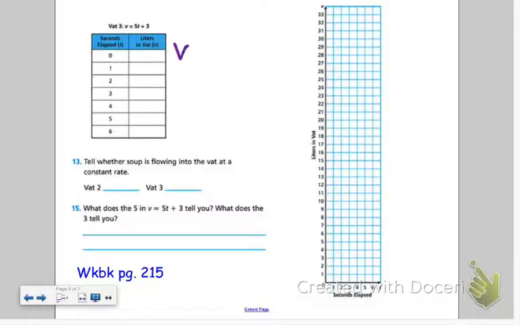Obviously, V equals 5 times the time, which is 0, so 5 times 0 for seconds elapsed, plus 3. Well, 5 times 0 is 0, plus 3, that means if 0 seconds has elapsed, there's 3 liters in the vat? We'll have to think about why that may be. How could there be 3 liters in the vat when 0 seconds has elapsed?